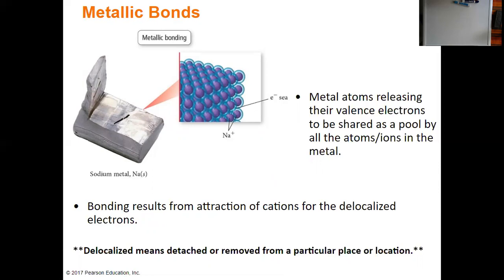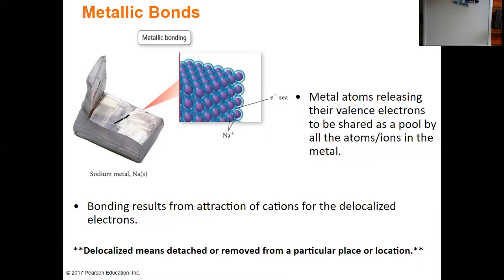Those solid colors are the positive cations of the metal after they've released their electrons. And these translucent blue spheres around them represent the electron sea that exists surrounding the metals in general.